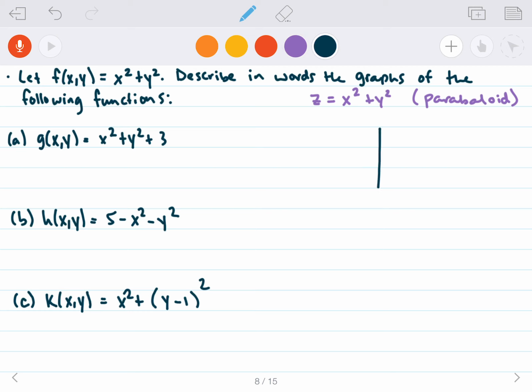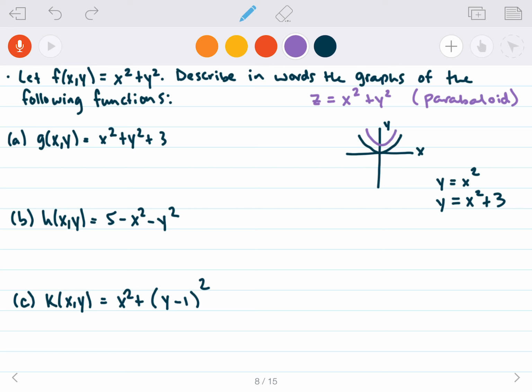For instance, if I gave you a parabola y equals x squared, and then I said, well, what about y equals x squared plus 3? What would happen? Well, it would just shift up 3 units, right? And so that's the idea here.